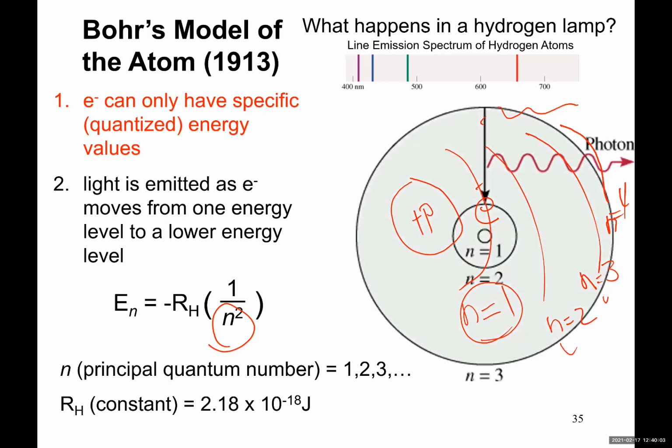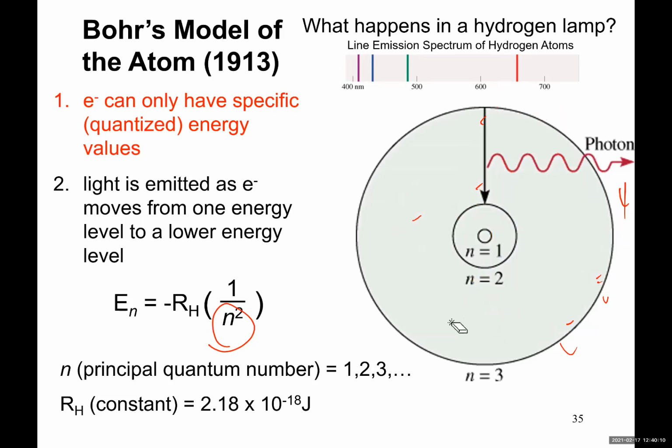And if we use this formula, let me erase my whiteboard. This is a better picture showing the hydrogen atom, one proton in the nucleus, and then this is the first shell, this is the second shell, and this is the third shell of energy for electrons.